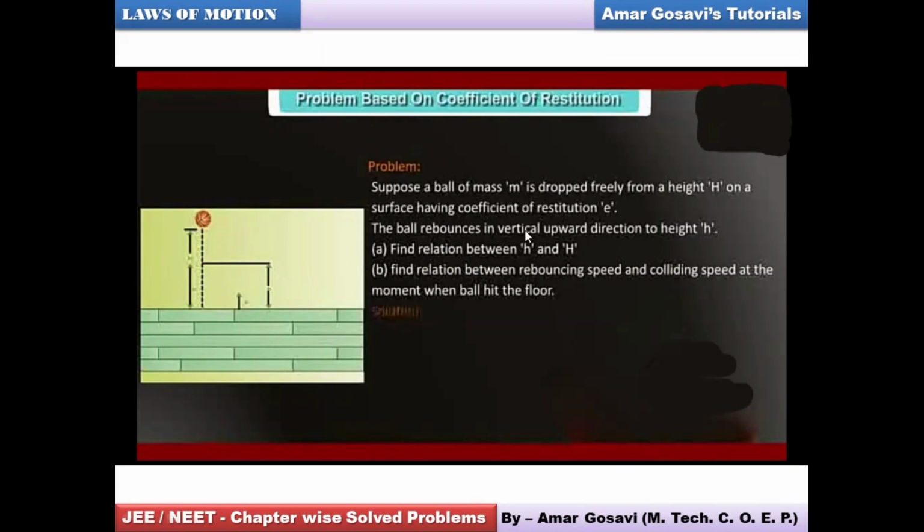So it falls through capital H, and after collision it rises to small h. You are supposed to find the relation between small h and capital H, and the relation between the rebounding speed and the colliding speed when the ball hits the floor. Please make a note of this question before we start discussing the solution.